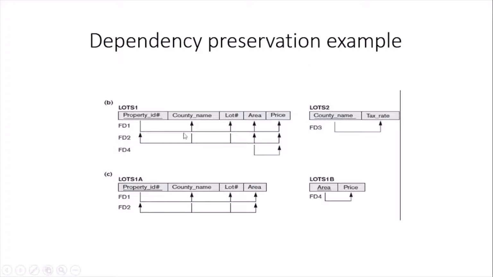But when you see this Loads 1, you have these functional dependencies. Property ID determines the county name, lot number, area, price. That is okay. Then lot number determines this property ID number, and lot number determines the area, price, etcetera.